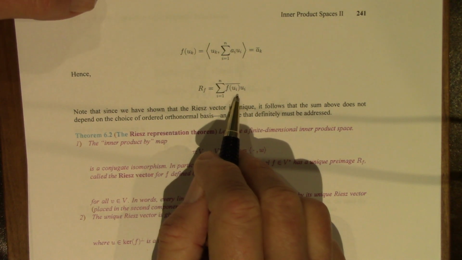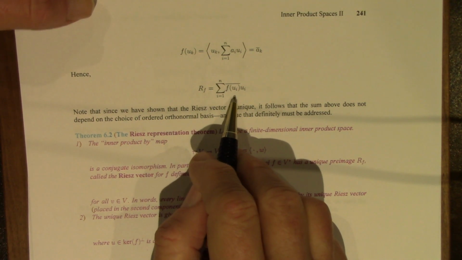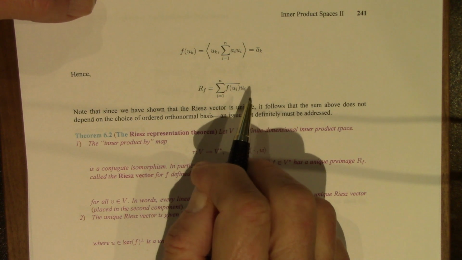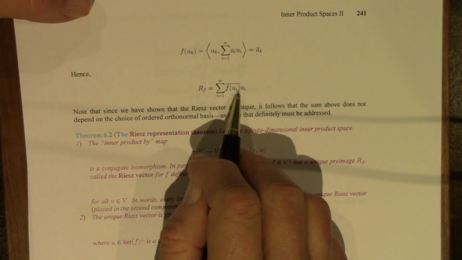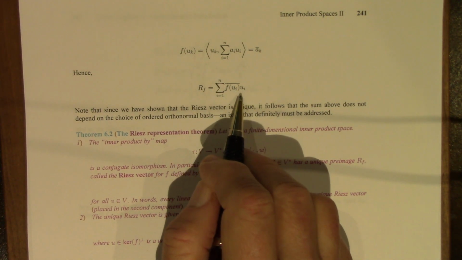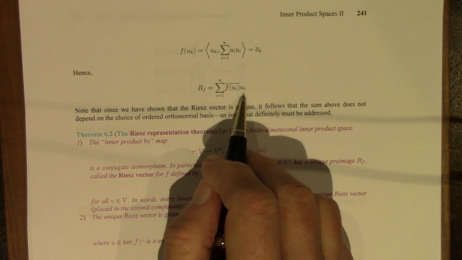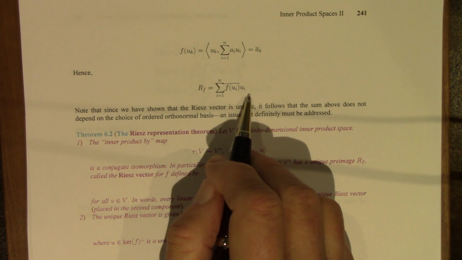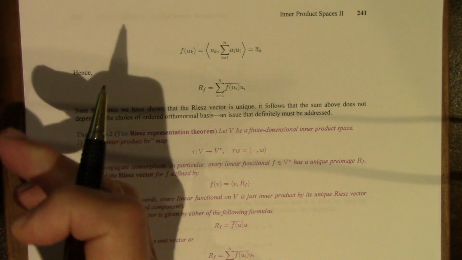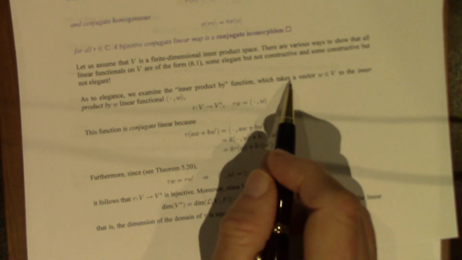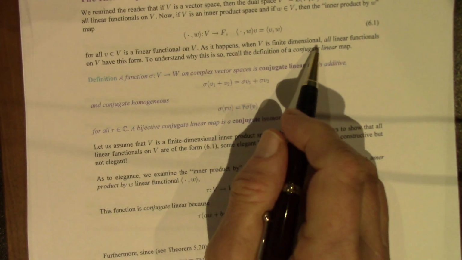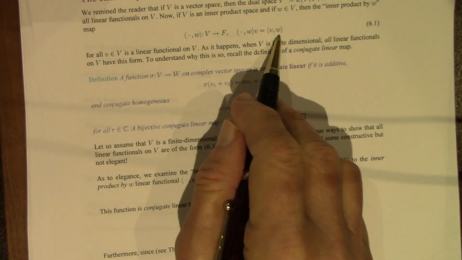This you will see, I think, in most elementary linear algebra books, this formula. In fact, you may not even see this discussion, the entire discussion, after I said that every linear functional has this form.